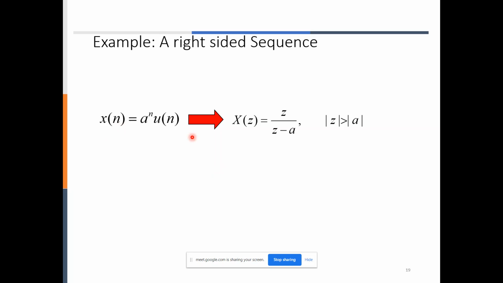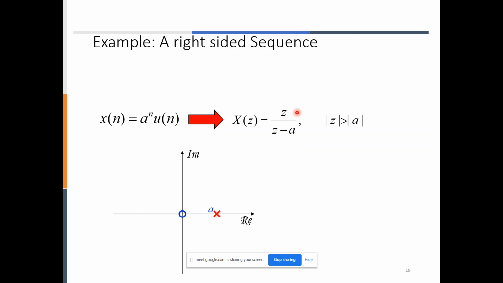So for this right-handed sequence, this is the condition. This is the pole, z is equal to A, this red cross, red dot, and this is z is equal to 0. The lower portion gives the pole, and the upper is z is equal to 0. Here nothing is there, so it is z minus 0, so z is equal to 0 is the zero term.